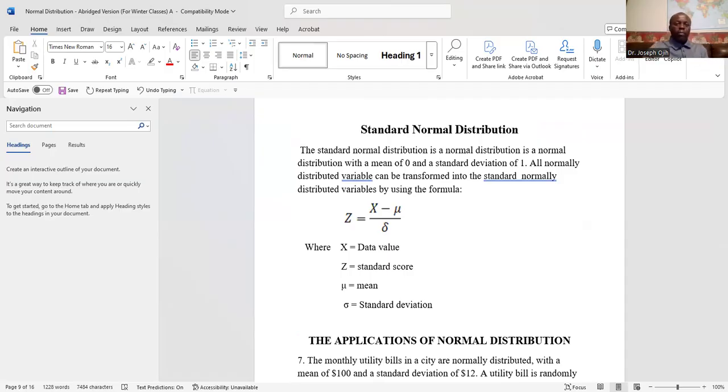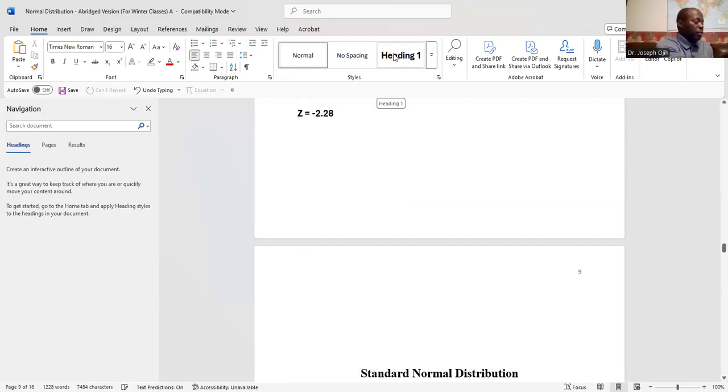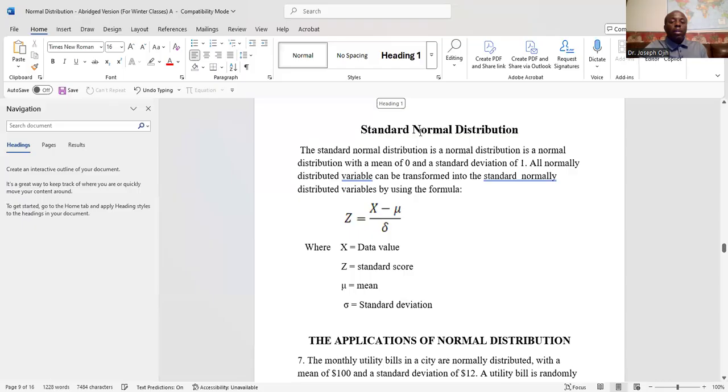So all normally distributed variables can be transformed into the standard normally distributed variable by using this formula here.